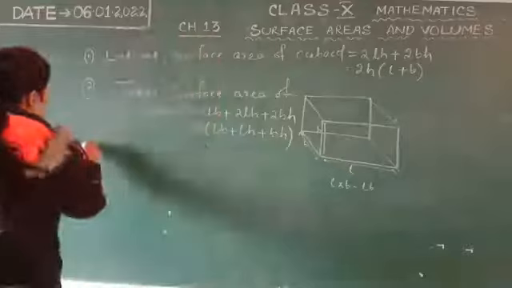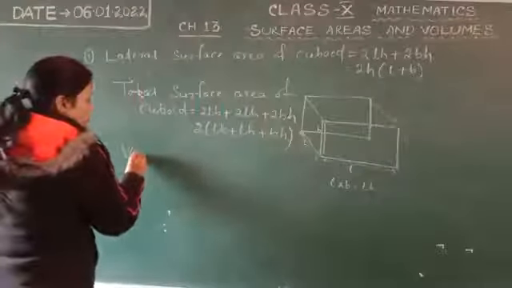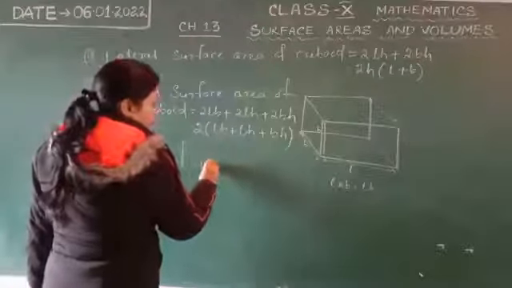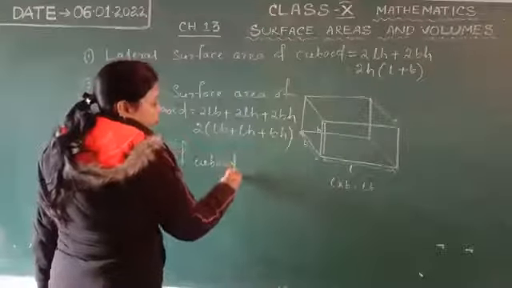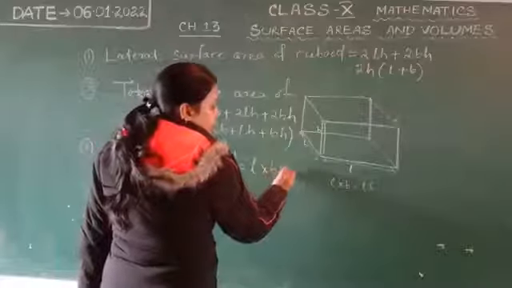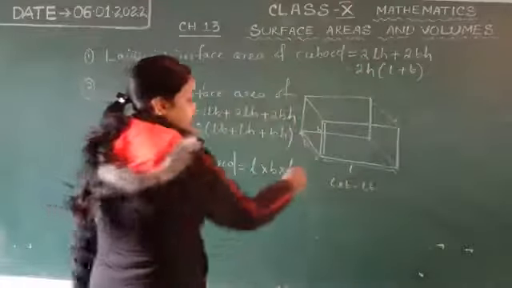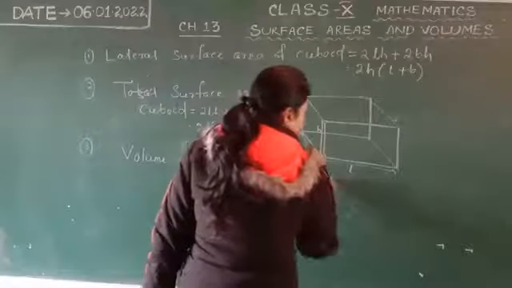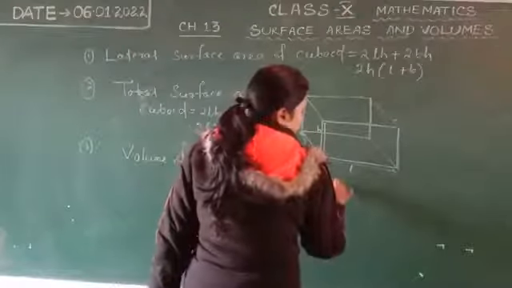Okay, then come to the volume of the cuboid. The third one is the volume of a cuboid, which is equal to length into breadth into height, in cubic units.